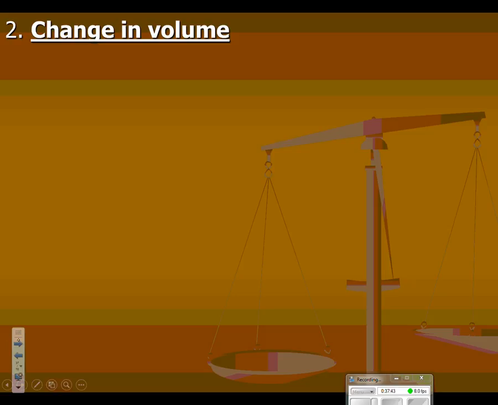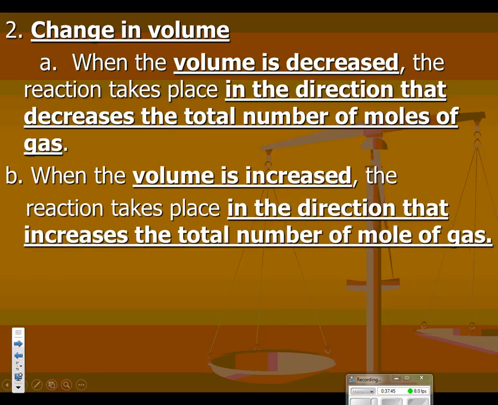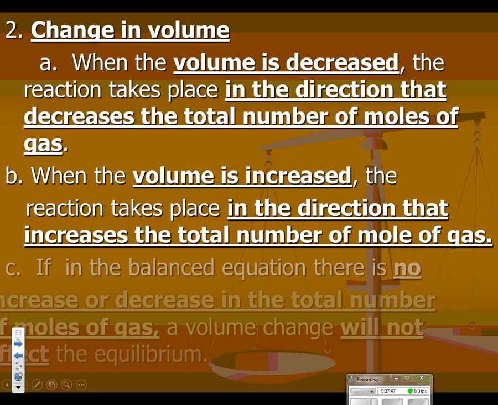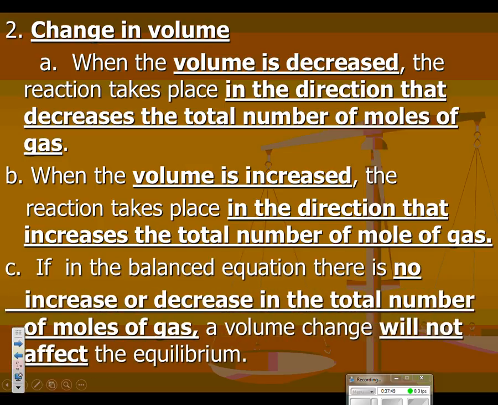Okay, so if we go through this really fast. When the volume is decreased, the reaction takes place in the direction of fewer moles of gas. Okay, in a balanced equation, if there is no increase or decrease in the number of moles of gas, if they have the same number of moles on both sides, pressure won't affect it. Or if there's no gas on both sides, pressure won't affect it. So increasing or decreasing the volume then would not shift it one way or another. Okay?